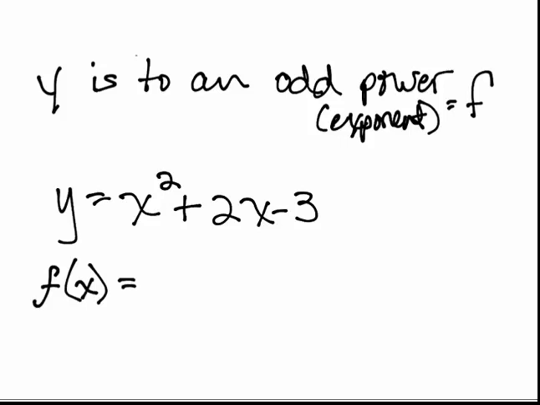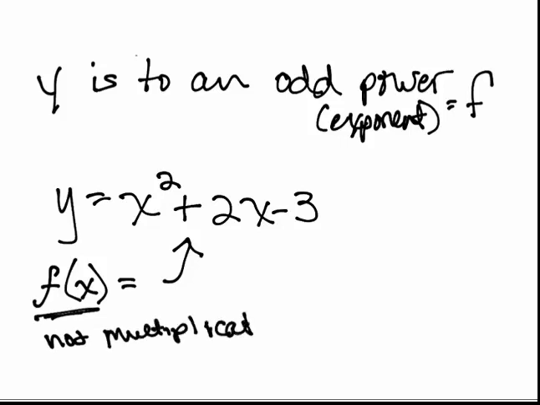And that's going to equal this equation. Now, remember that this is not multiplication. The way we distinguish that is that the f is in cursive and you have the x. So this would be a function, and it's called f of x.